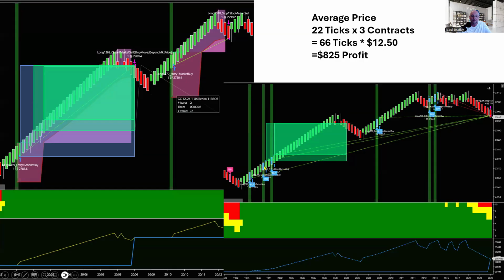So we get a VWAP Predator signal. Second contract, third contract. Remember, the first contract's on there. So that's 3 contracts at 22 ticks, average holding price, 66 ticks in total, $825 instead of the 1 contract going in. So this is the idea of the VWAP Predator ASB, that it helps us scale into those moves.